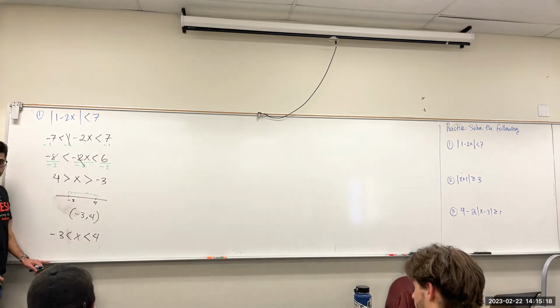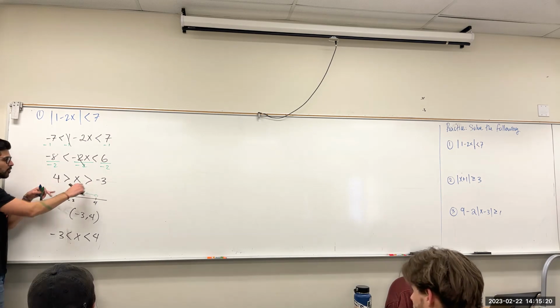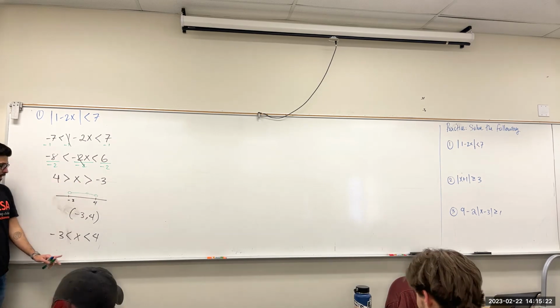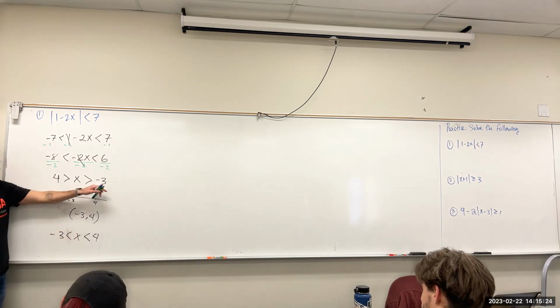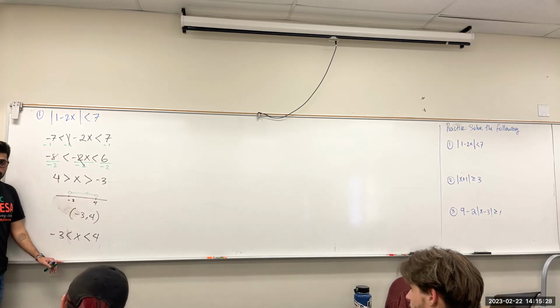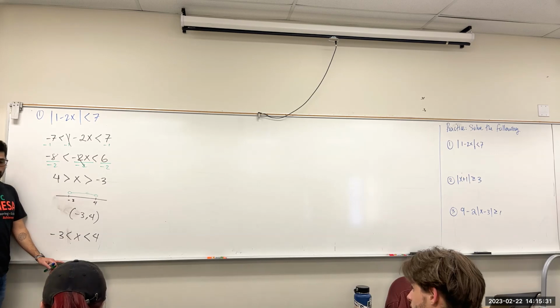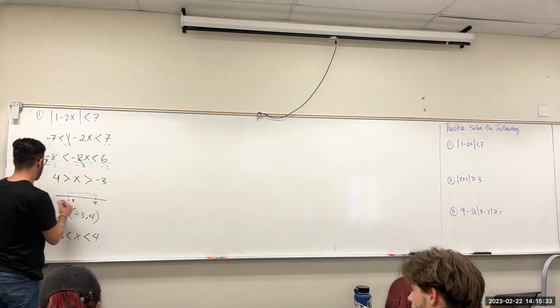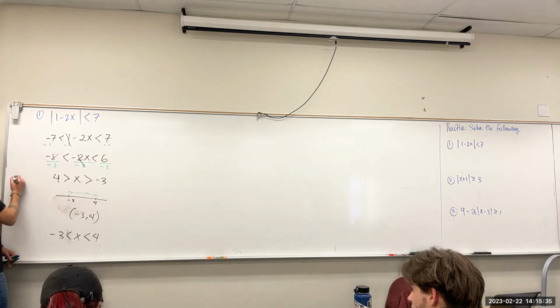Yeah. You're just rewriting the same inequalities in a different order. As long as X is greater than -3 and less than 4, it's fine. We just do them separately. You could also do them separately. So you can also write it as X is less than 4.